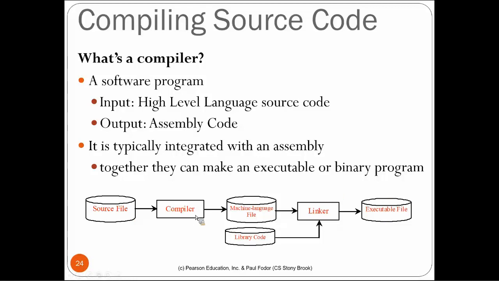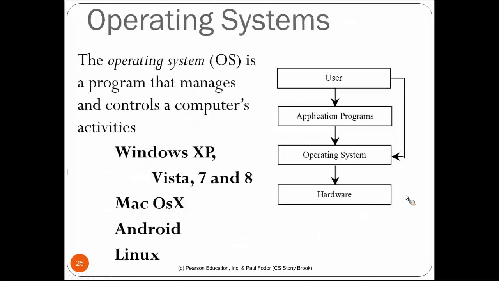So you take the source code and compile it, like we do in Java with javac. You get a machine level language file that you link with library code, and then you execute it directly on that machine.